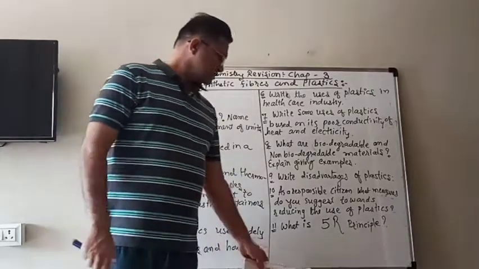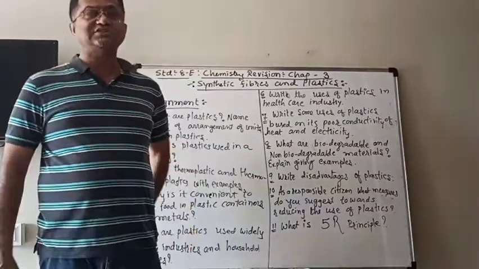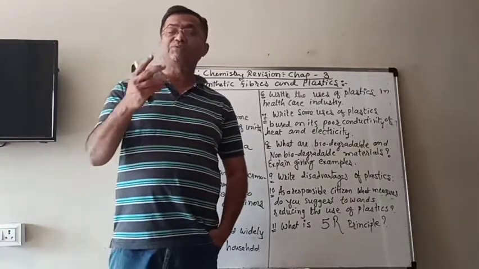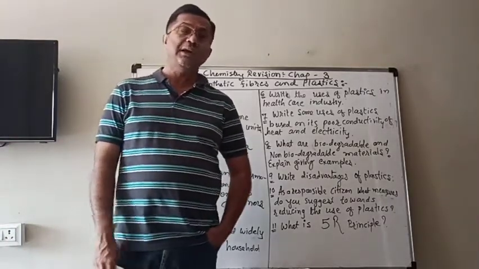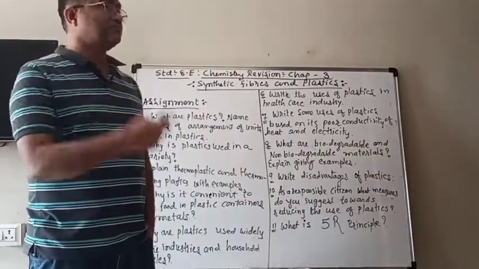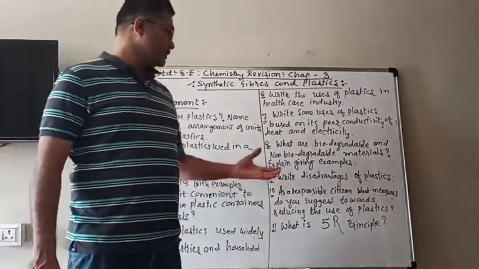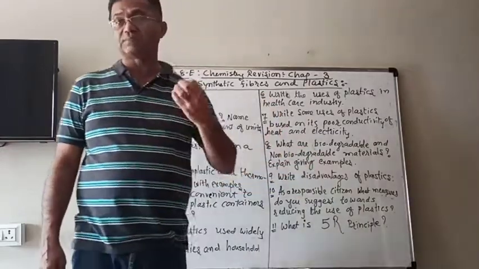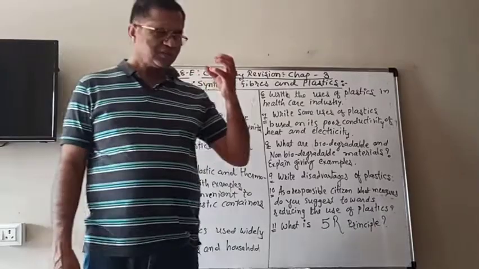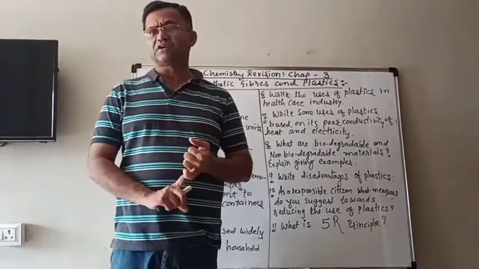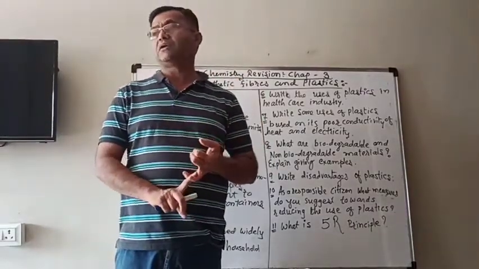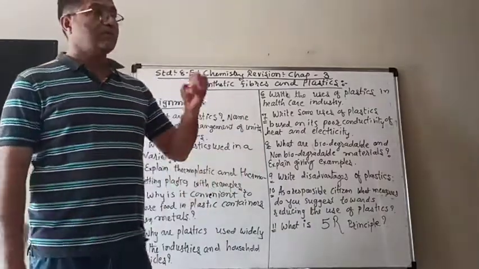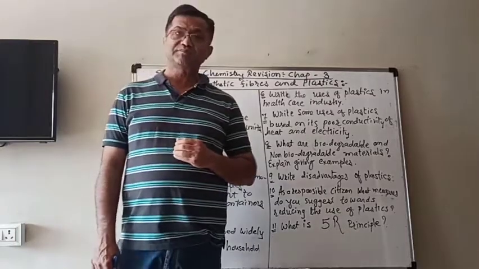So now, these are the disadvantages: plastic is non-biodegradable and therefore its disposal is a very big problem. And therefore, as responsible citizens, what measures do you suggest towards using plastic? As responsible citizens, we have to minimize the use of plastic.